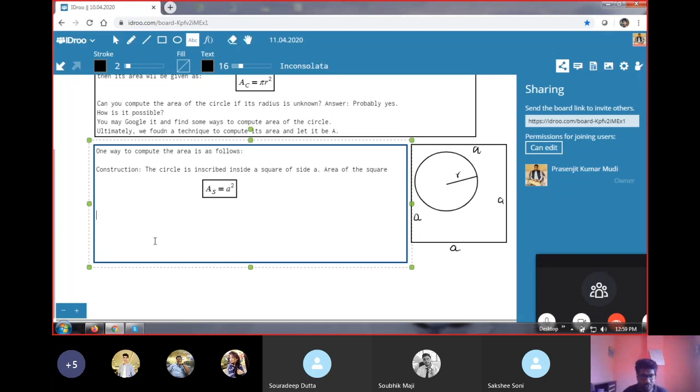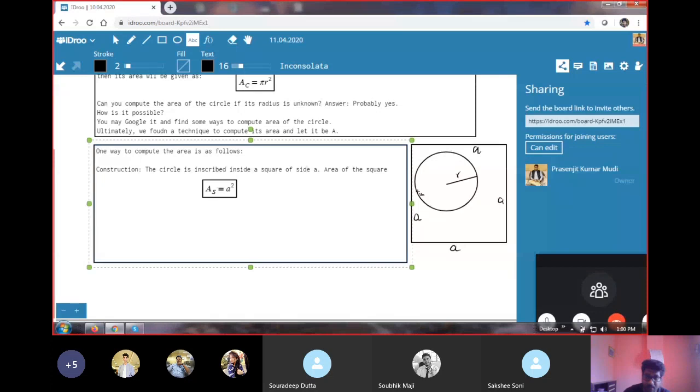And from this situation we can find somehow the area of this circle. Even if in this way we compute the area of the circle, you may argue, sir, we are just finding the area of the circle, so what's the big deal in this?